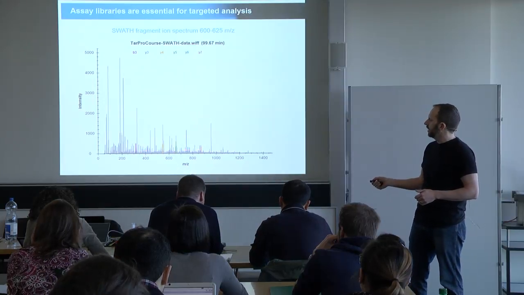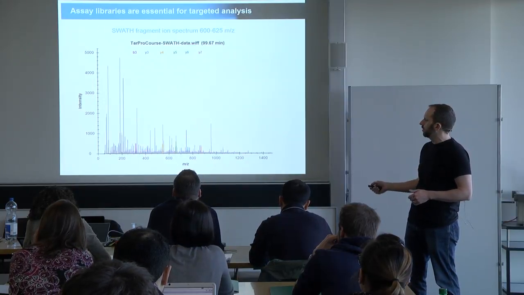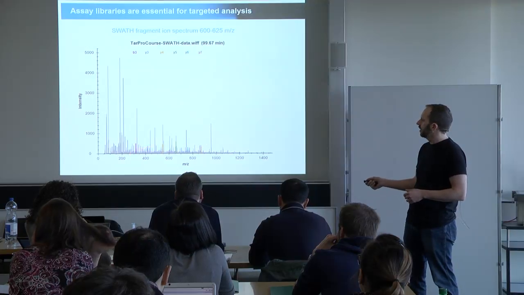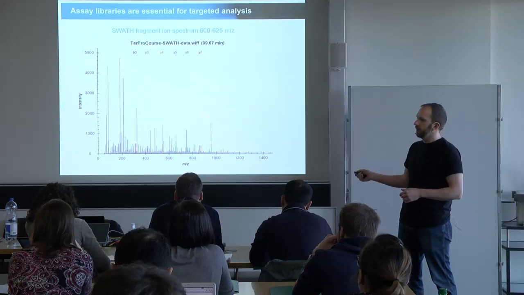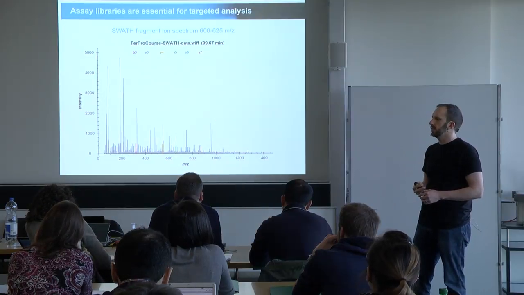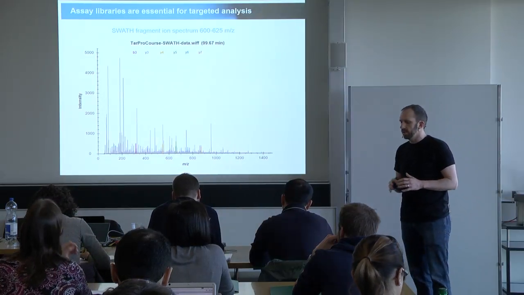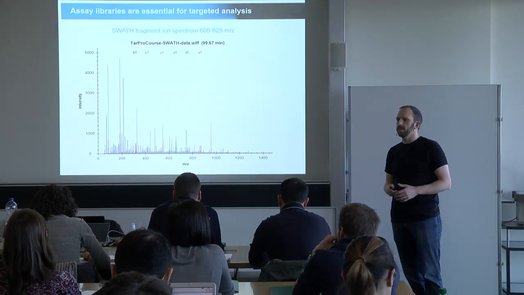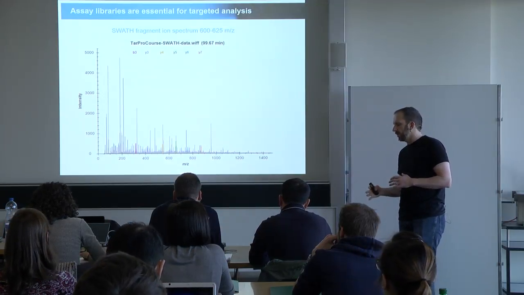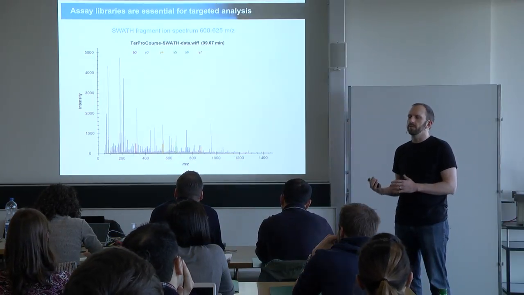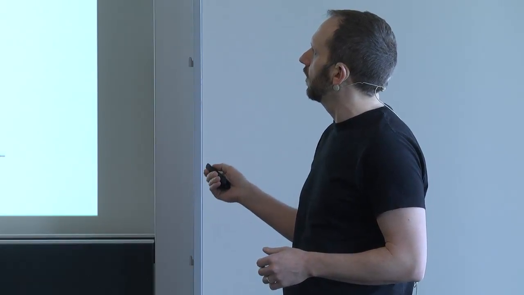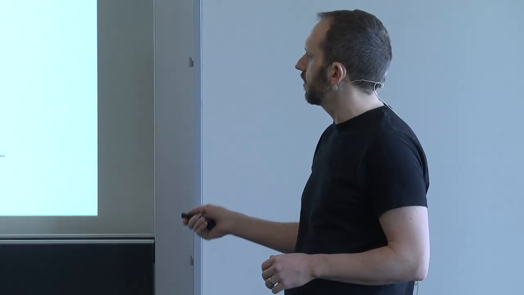I've highlighted the major fragment ions for a particular peptide that we happen to know is in there, to point out that these are not the major ions of the spectrum. So a classical DDA search engine analysis doesn't work. We need some way to cut through the complexity of this spectrum, and the way we do this is by building prior knowledge into the experiment. If we already know something about this peptide and we know what the fragment ions are, maybe we can dig these out of this signal.